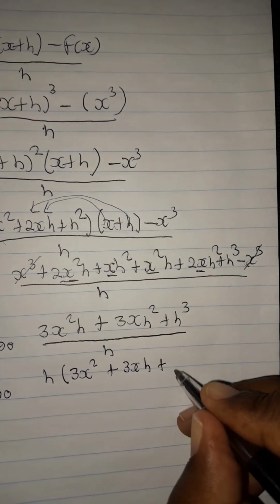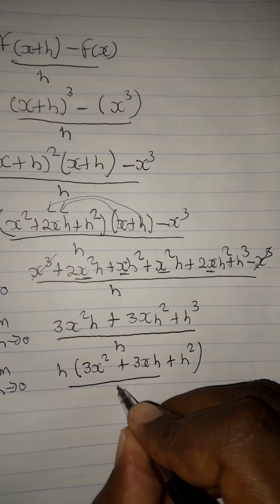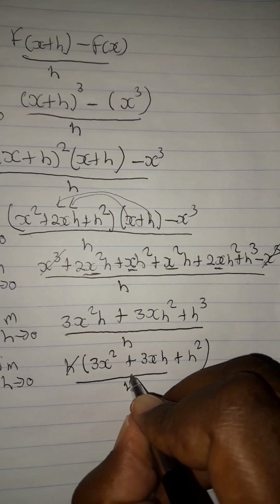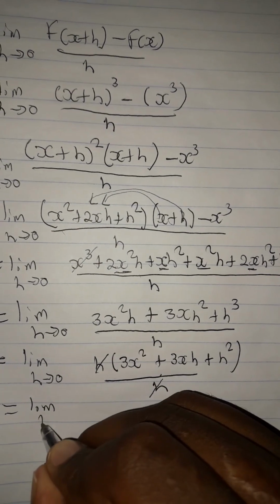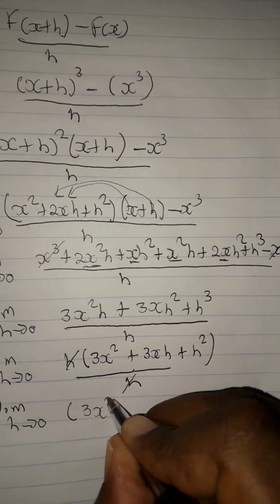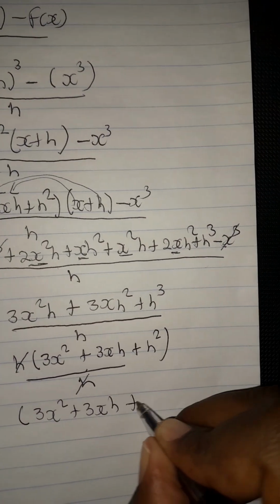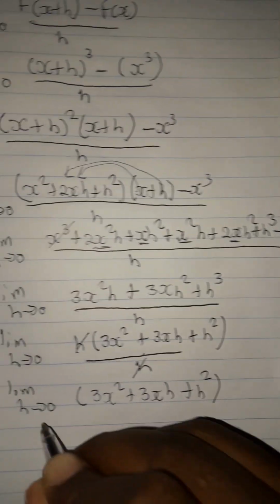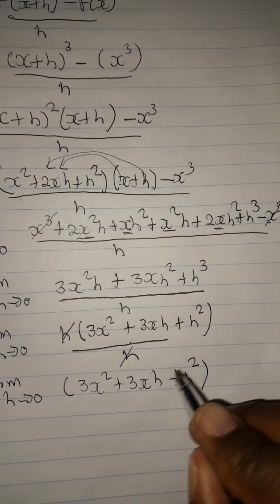From h cubed, we are left with h squared. Then divided by h, h and h will cancel each other. What are we left with? We are left with the limit as h approaches 0 of 3x squared plus 3xh plus h squared, meaning now we can take the limit as h approaches 0. We are reaching the last step.